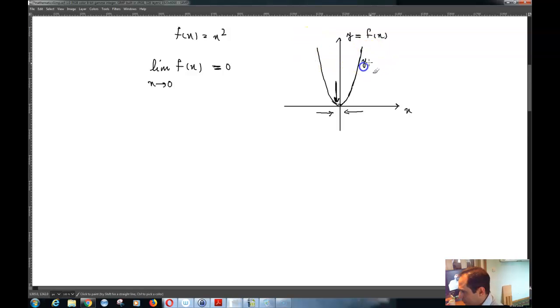This is y equal to f of x equal to x squared. We say that the limit of this function as x tends to 0 is equal to 0.